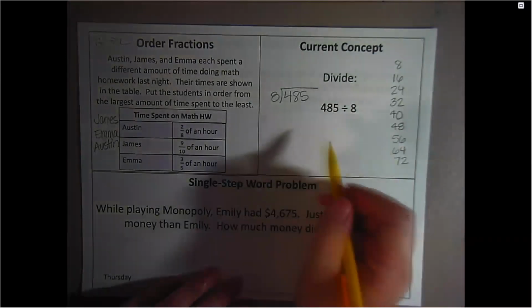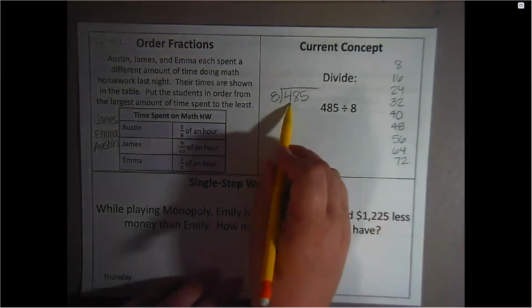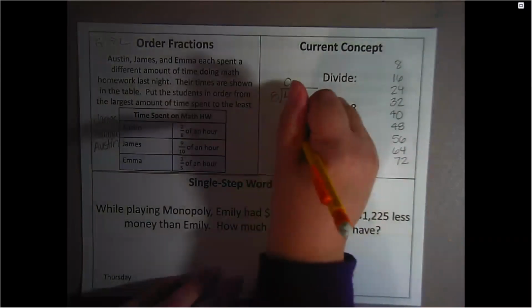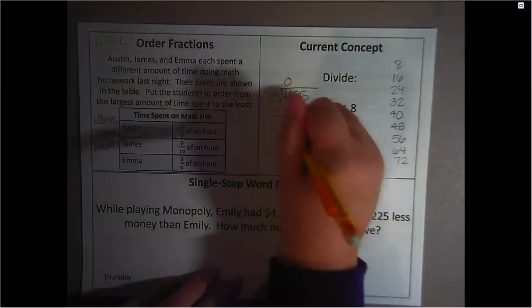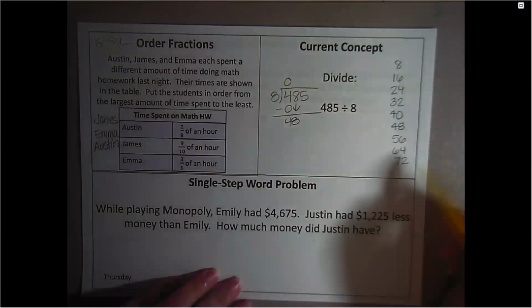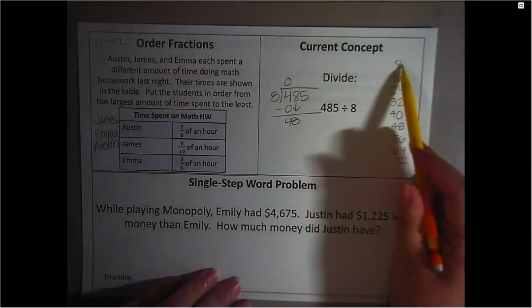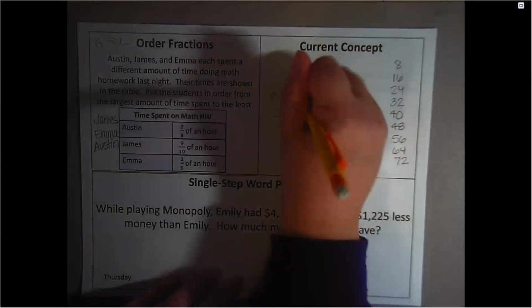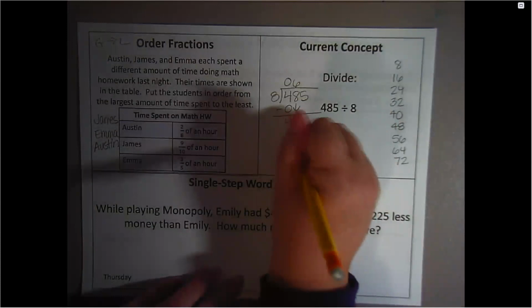So I'm going to divide. My first digit is 4. I cannot divide, so that's 0. 0 times 8 is 0. I subtract. I bring down the 8. Now I look over here. 8 times what number gets me close to 48 without going over? That would be 1, 2, 3, 4, 5, 6, the 6th multiple. So 6 times 8 is 48.